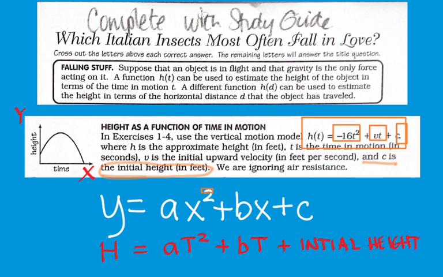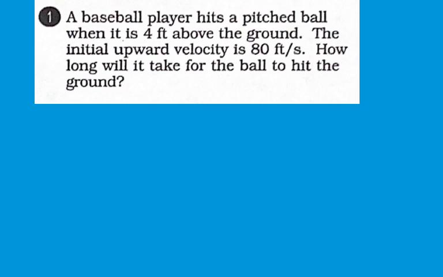All right, so our first equation is a baseball player hits a pitched ball when it's 4 feet above the ground at an initial upward velocity of 80 feet per second. How long will it take the ball to hit the ground? So the height again and the time is this way.